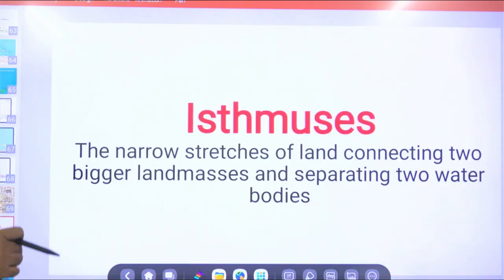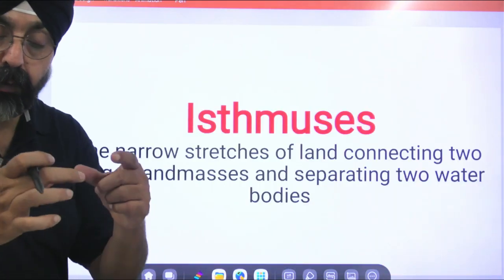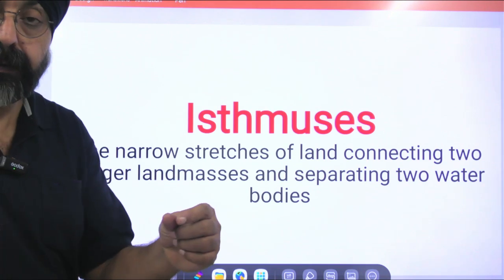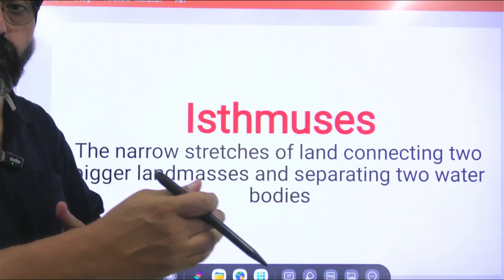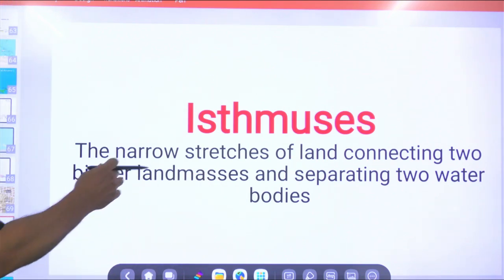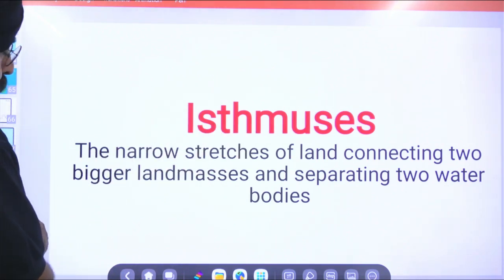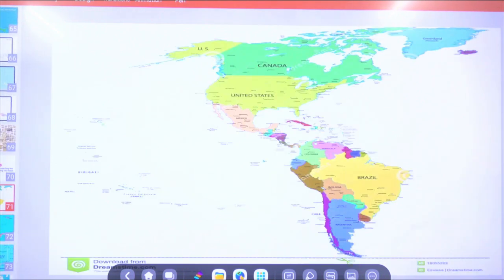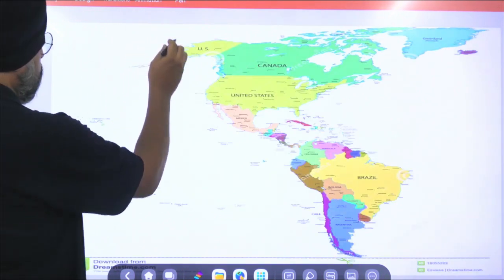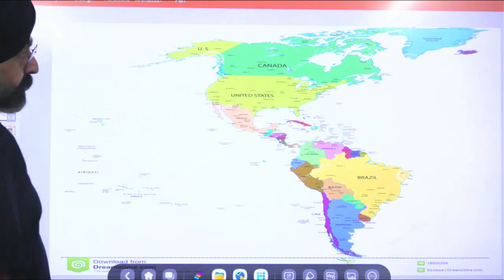Now, let's talk about the isthmuses, the narrow land masses connecting two larger land masses or separating two water bodies. Narrow stretches of land connecting two bigger land masses and separating two water bodies. Can you see here which one this is? Panama Isthmus.